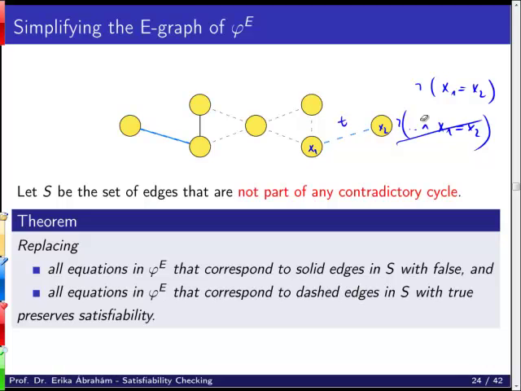So if I have only one of these two forms, then either I have here a solid line or a dotted line, and since we have a dotted line, it means that it appears only non-negated. And what if the same pair of variables appears in the formula, one negated and one not negated? Then I would have two lines. I could have here also this one. And then I have a cycle, which is not so trivial to see, going along the solid line there and the dotted line back.